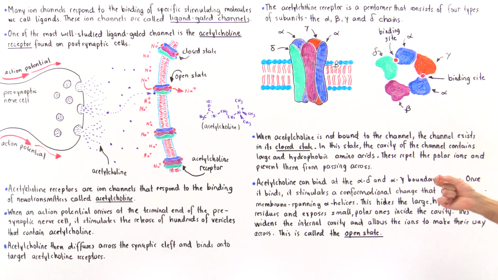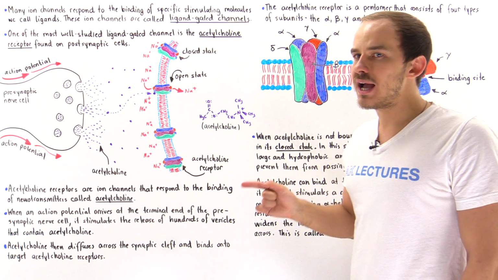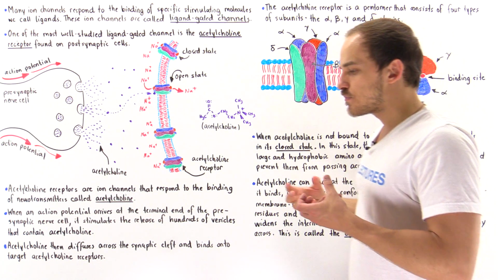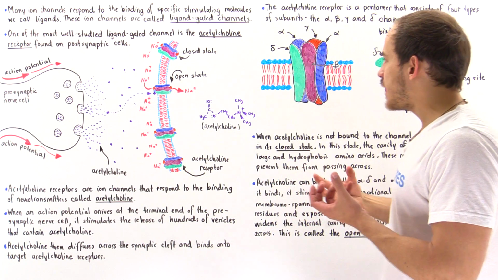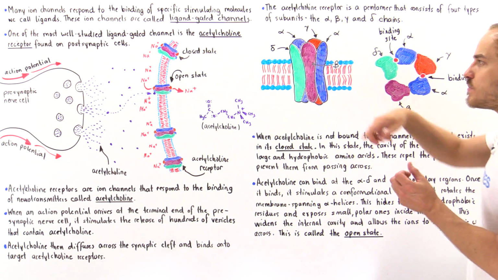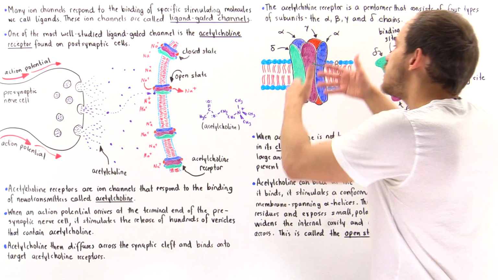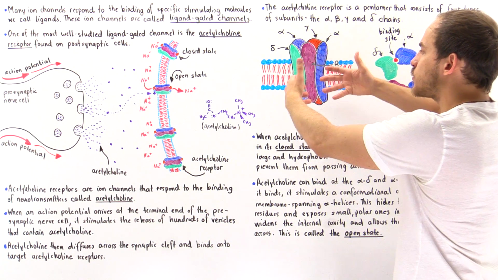Now, what happens when acetylcholine actually binds to either one of these two boundaries, either the alpha-delta or the alpha-gamma boundary? Well, once it binds, it creates a conformational change. That conformational change involves the rotation of some of these membrane-spanning alpha helices that are found within that hydrophobic region.